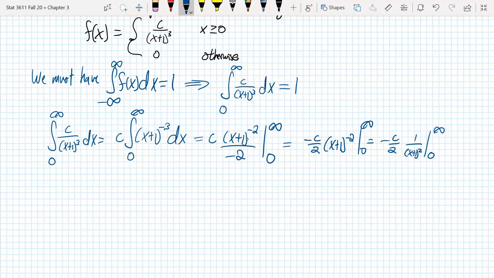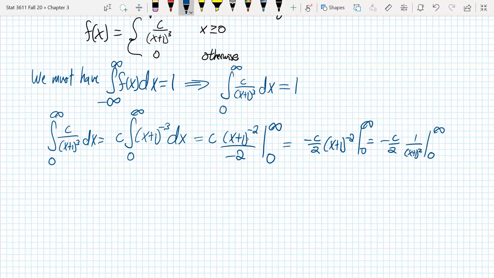And let's go ahead and plug these things in. Now, technically here, as we evaluate this at infinity, we're doing an improper integral, and so we should be taking a limit if we want to be formally correct.